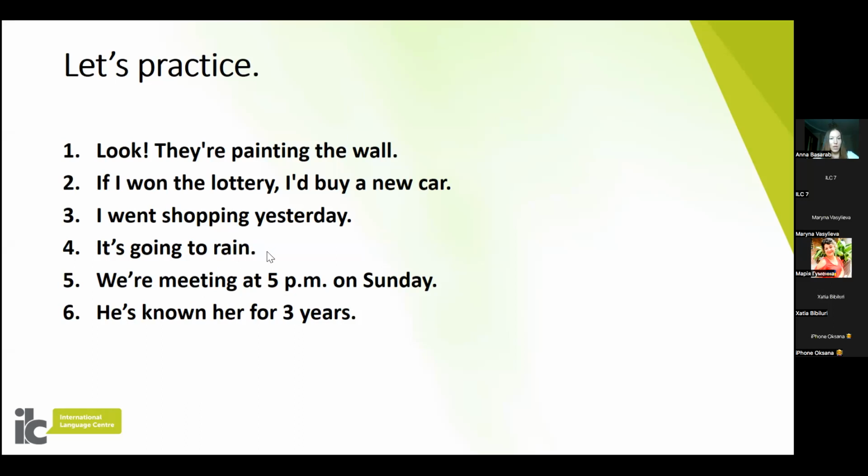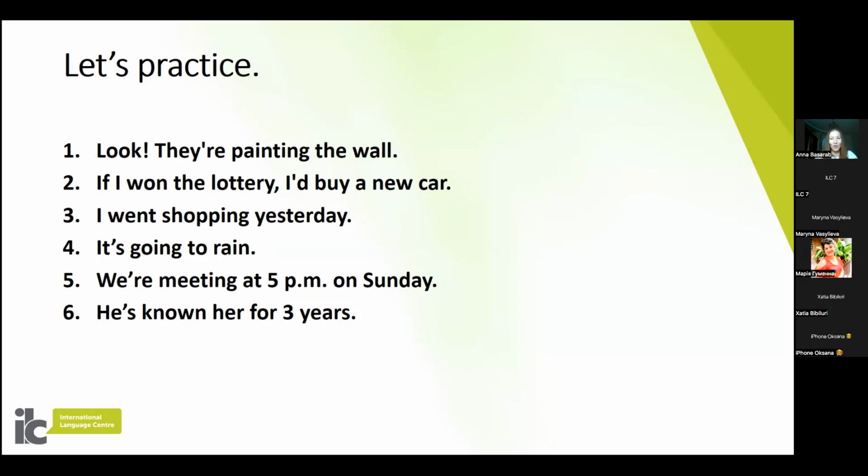And we can also, if you draw. Right. Very well. And the last one, number 6. So we know that it's present perfect and used to talk about.